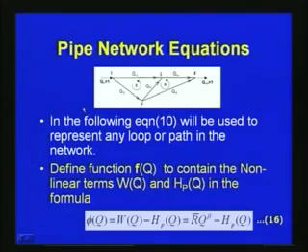Our aim is, since these non-linear equations are generally difficult to solve, we are just discussing the possibility of linearizing them. So, in equation number 10, we are using the loop or path in the network.